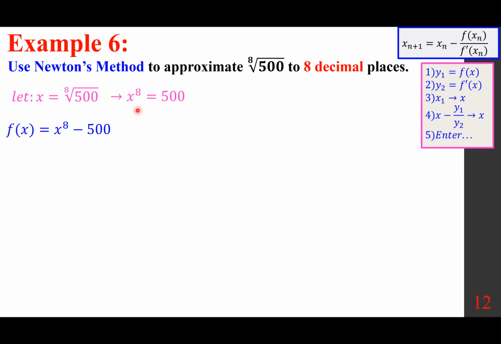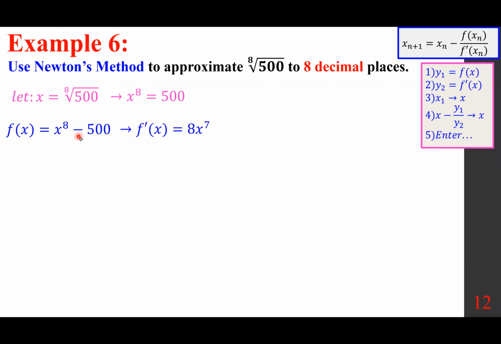Now, finding the x-intercept, or the root, of this function is the same as solving this. First, we need to understand this. Okay? To solve this is the same as finding the x-intercept for this. To do so, we need f prime of x, 8x to the power of 7.